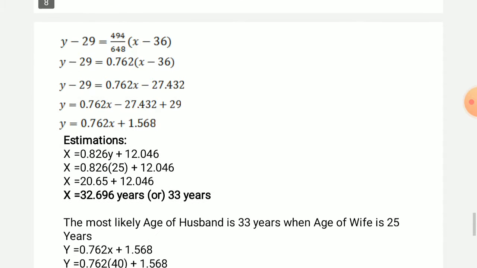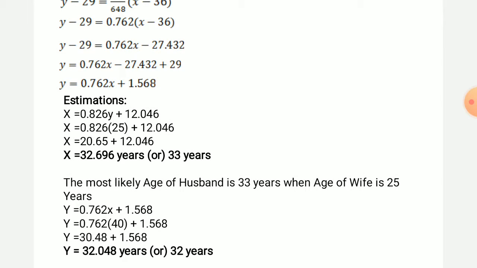Now estimations. Using the regression equation x on y, the equation is x is equal to 0.826 y plus 12.046. Here the y value is given, so we can get the x value.